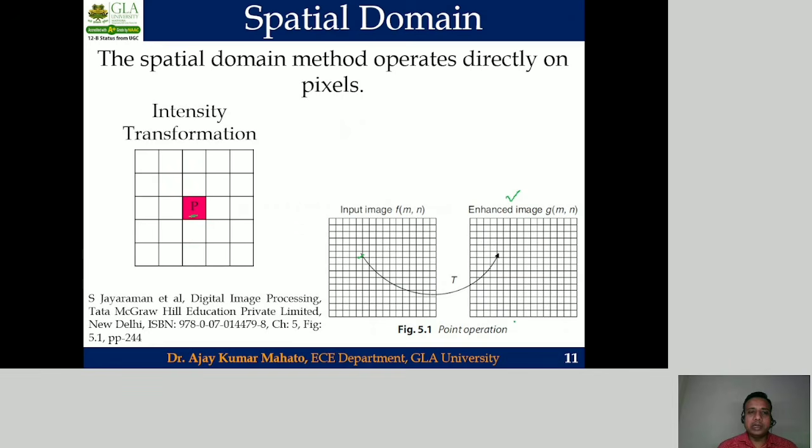Whereas in intensity transformation we consider only this particular pixel P. We do not consider its neighborhood pixels, and hence intensity transformation is otherwise also known as point operation.